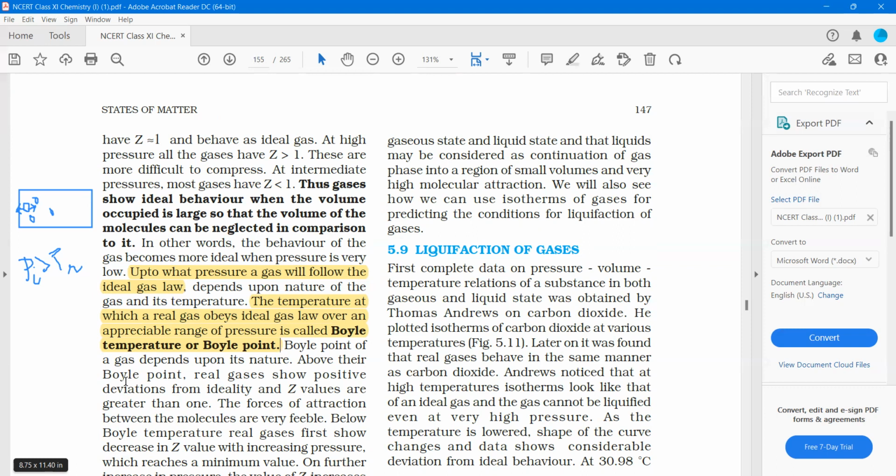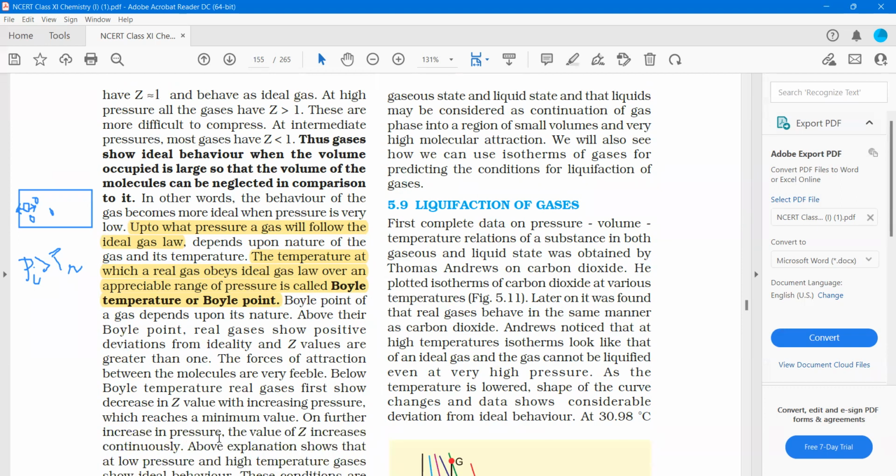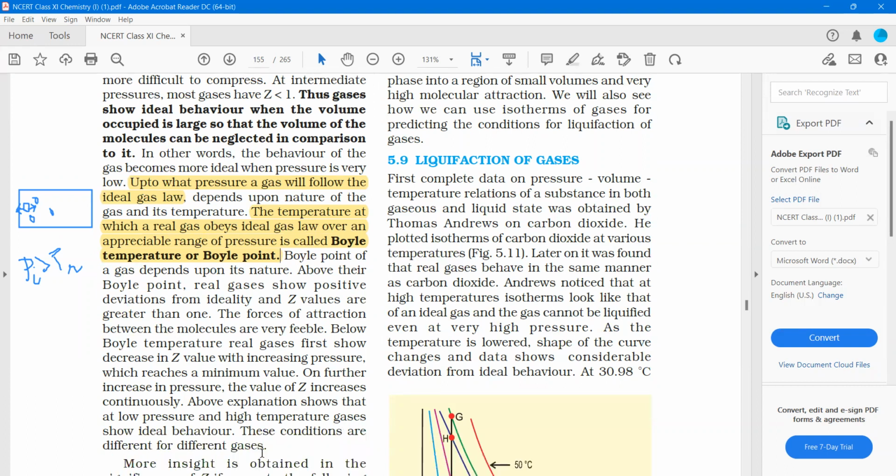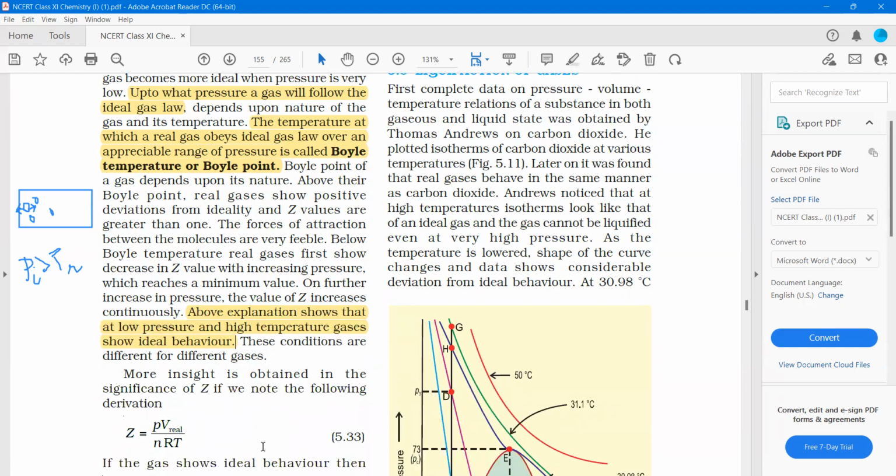Now below the Boyle's temperature, real gases first show a decrease in Z value with increasing pressure, which reaches a minimum value, and on further increasing the pressure, the Z value increases continuously. The above explanation shows that at lower pressure and high temperature, gases show ideal behavior. You can also understand this using intermolecular forces and thermal energy. These conditions are different for different gases.